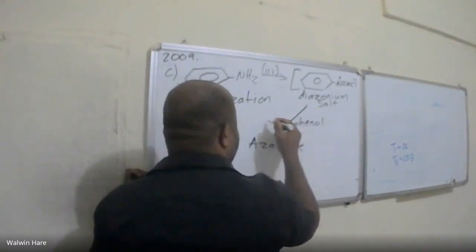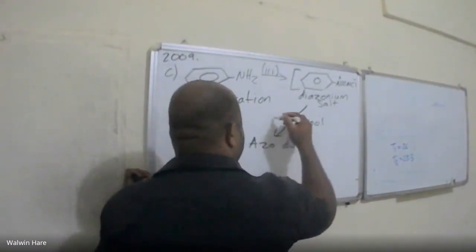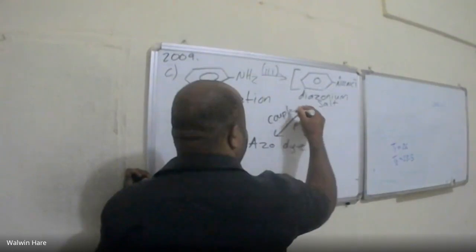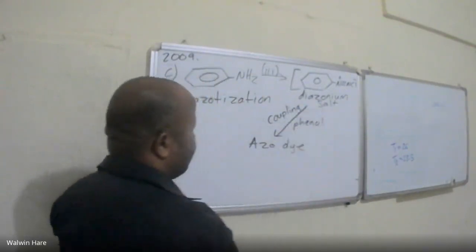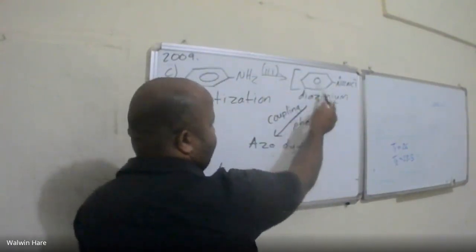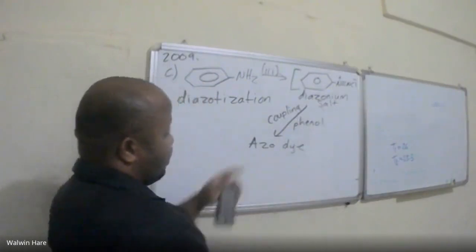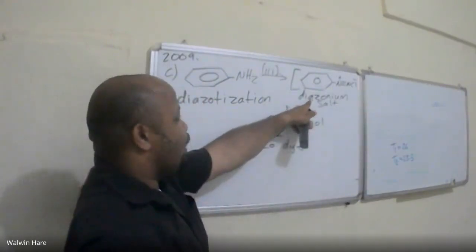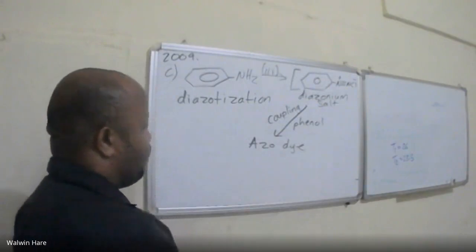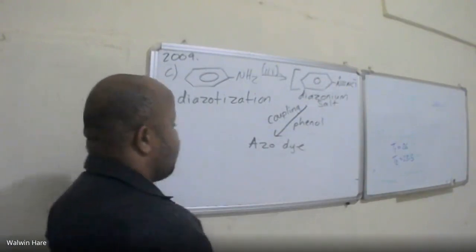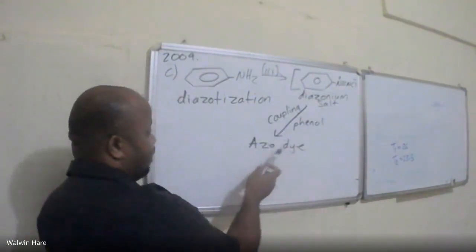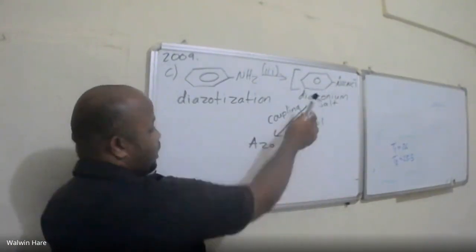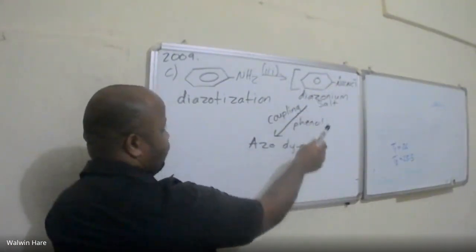This is called a coupling reaction. So we are combining the phenol with the diazonium salt. So the name of that reaction to form the azodye is coupling, and it's the diazonium salt with phenol.